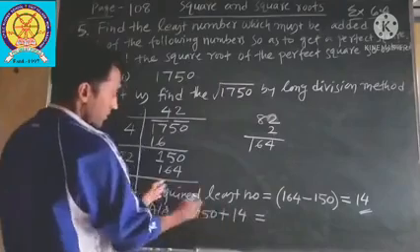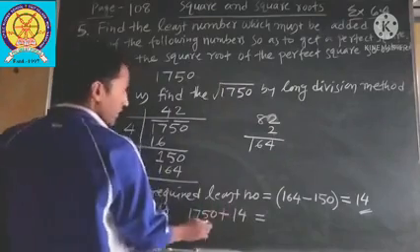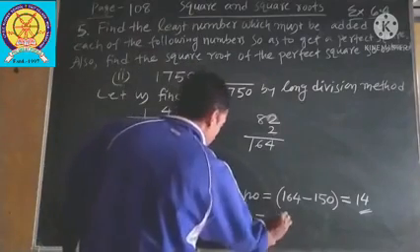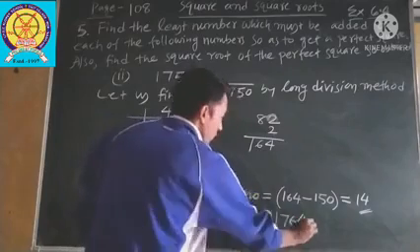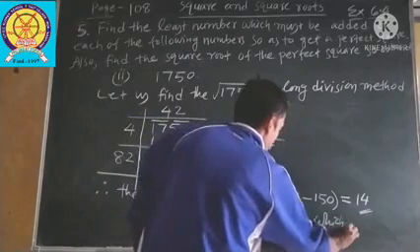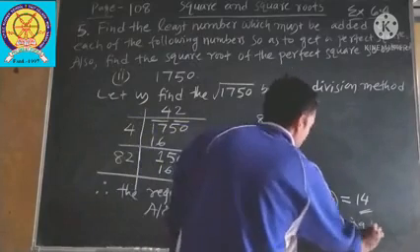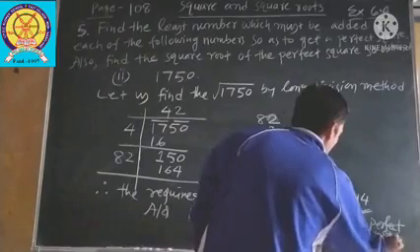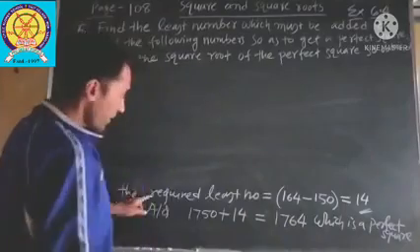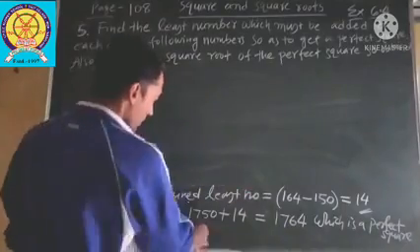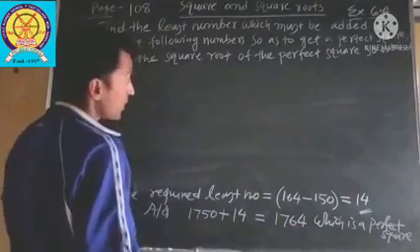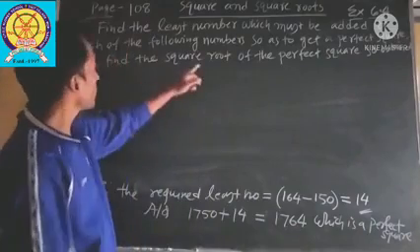You add the least number to the given number: 1750 plus 14 is 1764, which is a perfect square. So the required least number is 14, and the perfect square number is 1764.